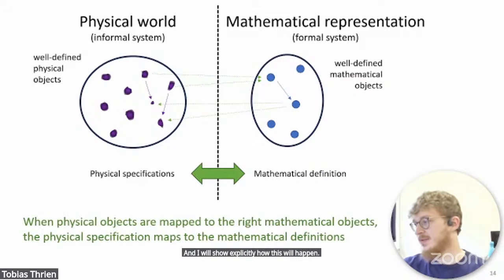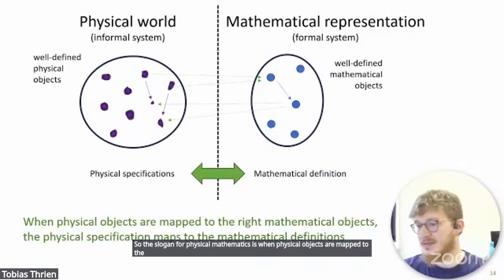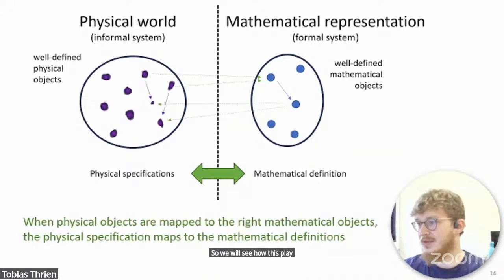So the slogan for physical mathematics is: when physical objects are mapped to the right mathematical objects, the physical specification maps to the mathematical definitions. We will see how this plays out in today's lecture.